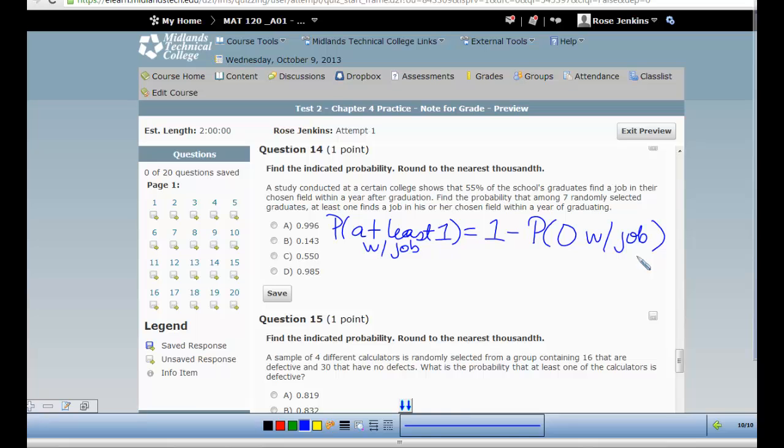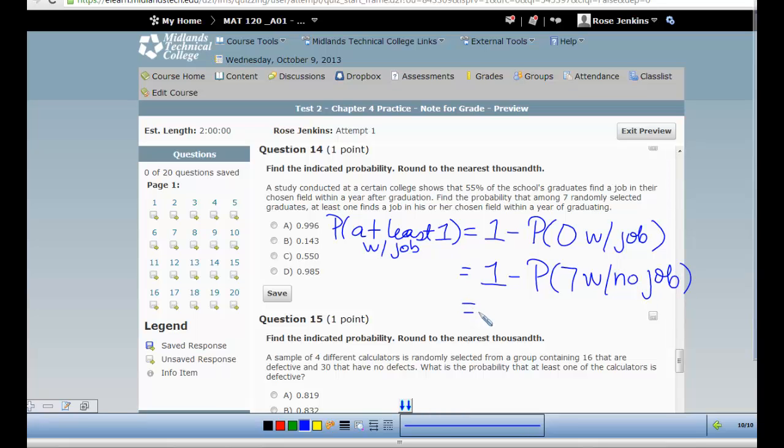If we have 0 with the job, then that must mean there are what? Because we selected 7 people, 0 of them have a job, so that means what? 7 with no job, that's right. 1 minus the probability of 7 with no job.